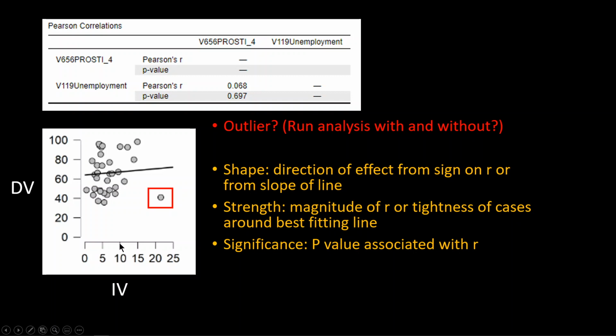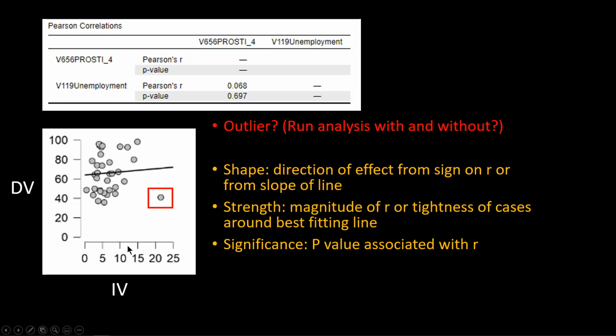So if I came out here to 15% unemployment and I said, according to my mathematics, my best fitting line as my predictor, and that's what correlation and regression are doing, if I have a country that has 15% unemployment, what should I expect to see in terms of the percent of the population saying prostitution is never justifiable?